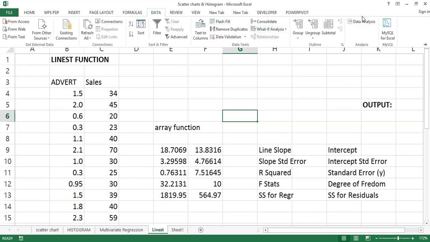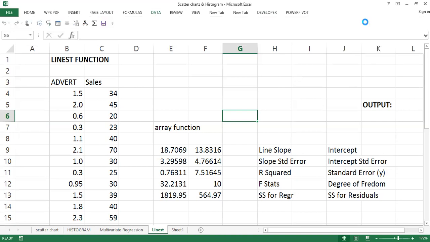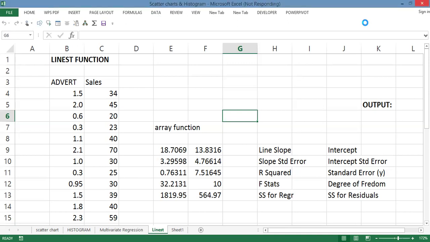Okay. So it's either scatter plots or data analysis, one out of the two. Today we're going to look at a third method, another method you can use for your regression analysis.